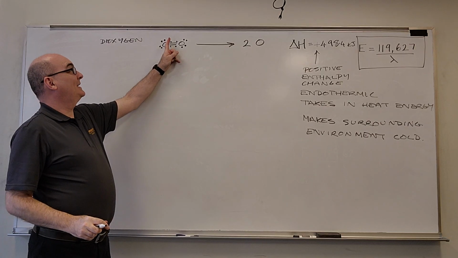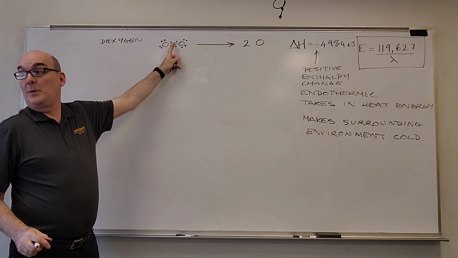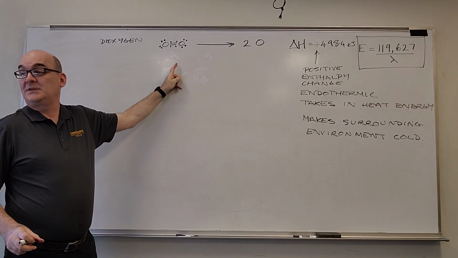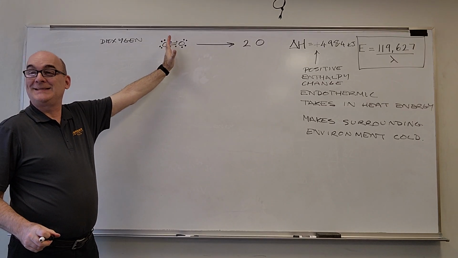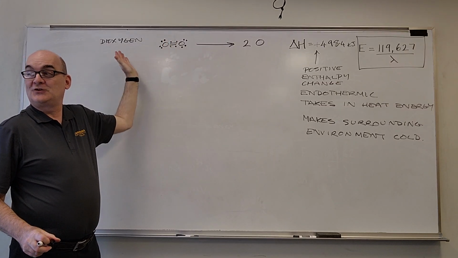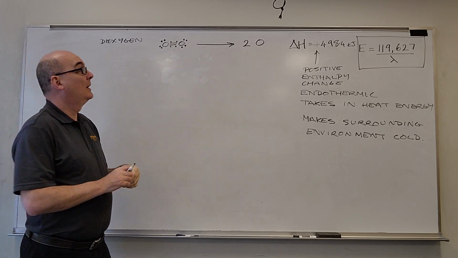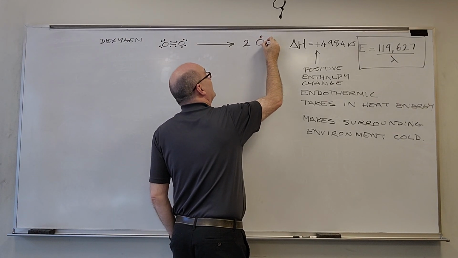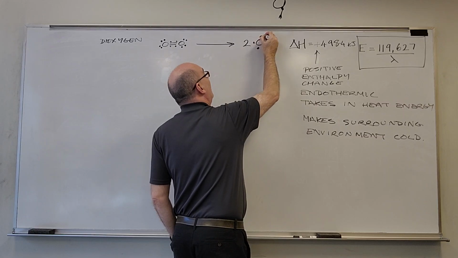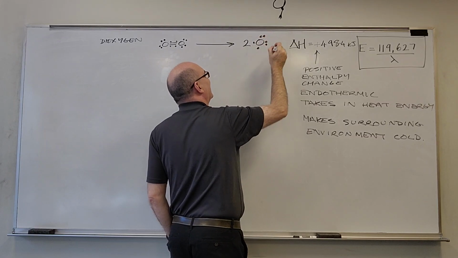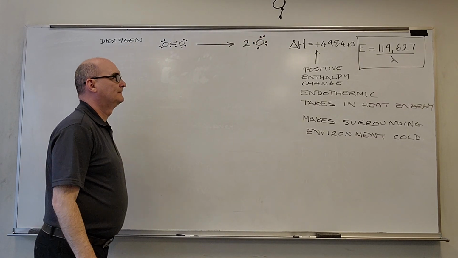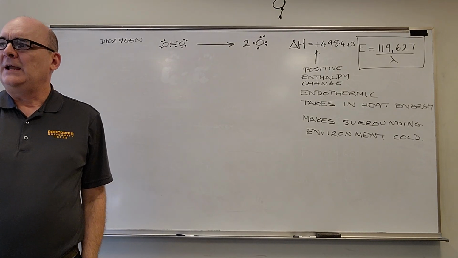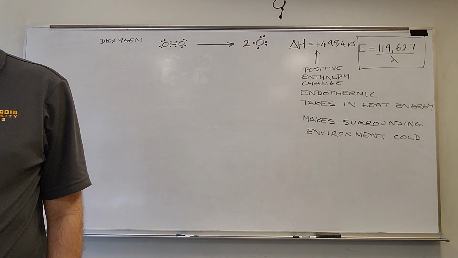When I split this bond, I'm going to do what's called a homolysis. This is a homolytic cleavage, where it's 2 of the same thing. I have 2 oxygen atoms.